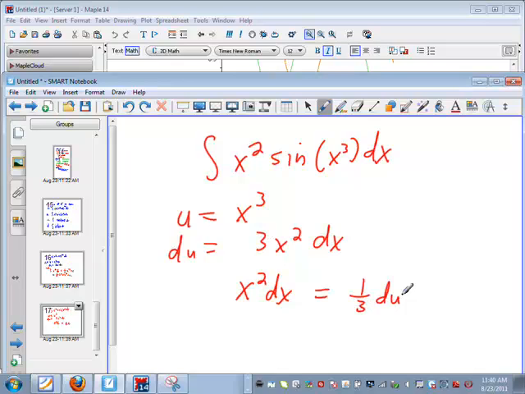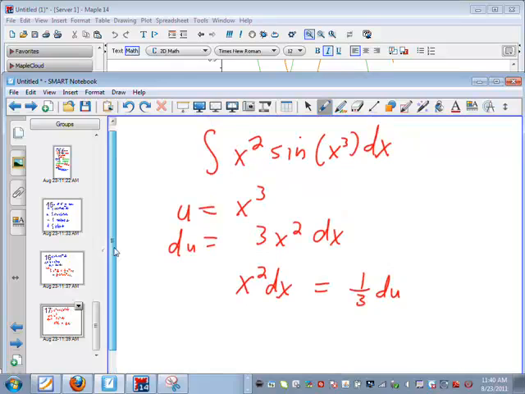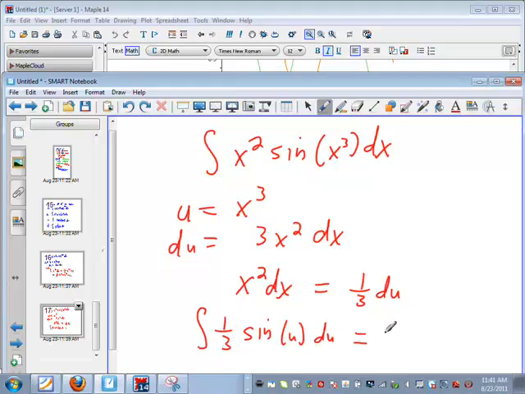And now we can substitute, just dividing the 3 over. I know it's been a while. How's this looking? Amanda? Yeah. Okay. So this is equal to sine of x cubed, sine of u, and then x squared dx, again, is 1/3 du. But again, we know what to do with this 1/3.